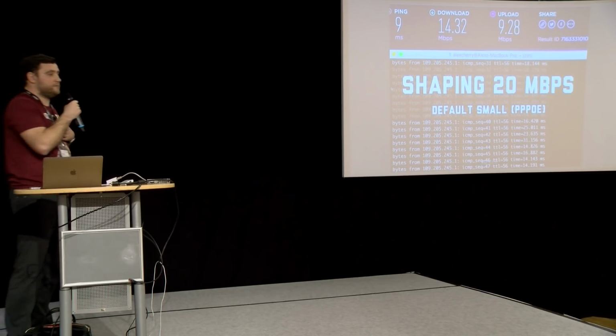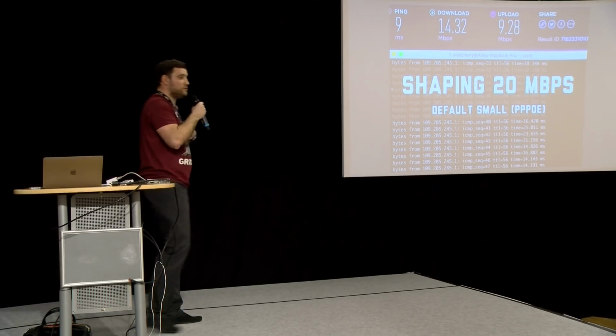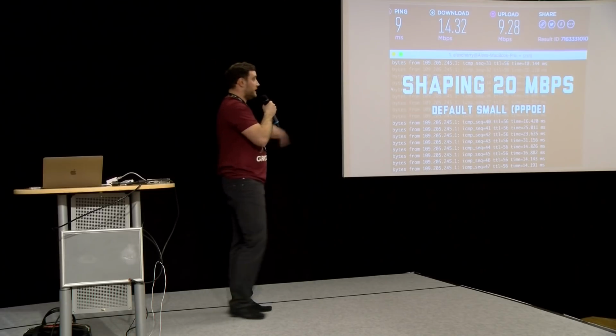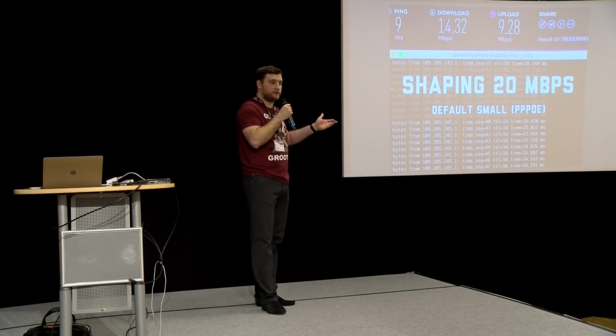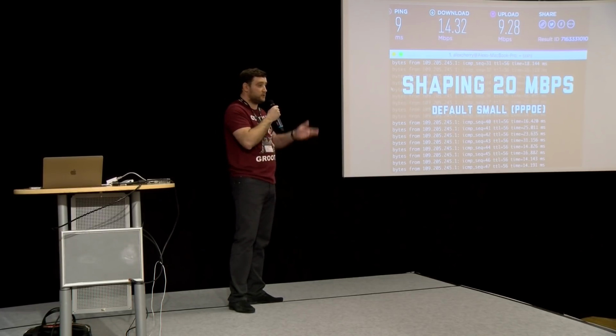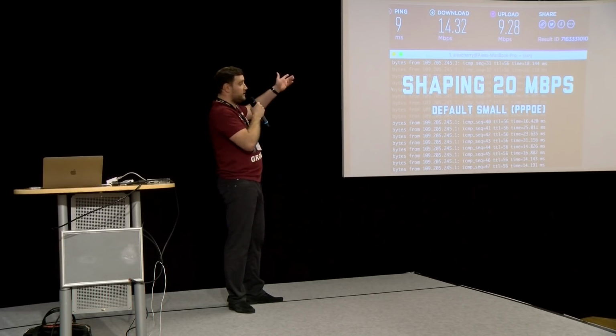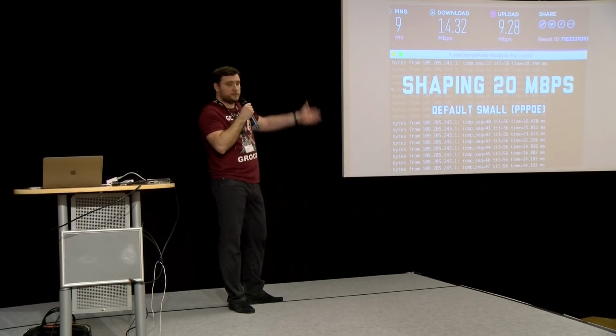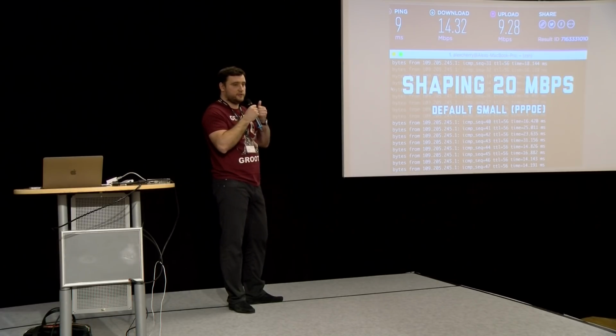And again, I have a problem here because I set up the default small queue on my PPPoE session, and again my customer got a 20 meg link, so I'm providing fiber or some nice wireless link, so he has 20 meg, but he can get only 14 on his speed test. And he starts to call me, why are you providing me this slow speed? And the main problem is really hidden, but it's very simple to fix.